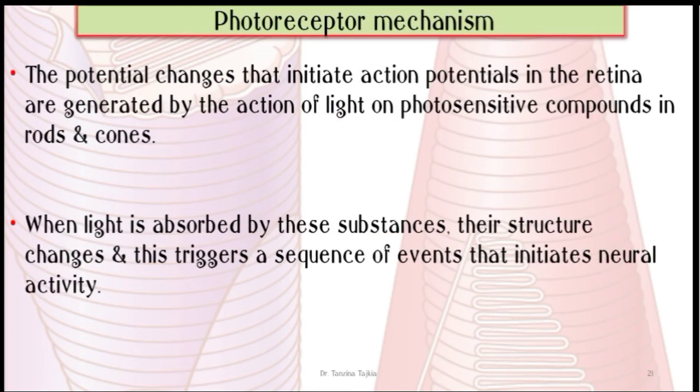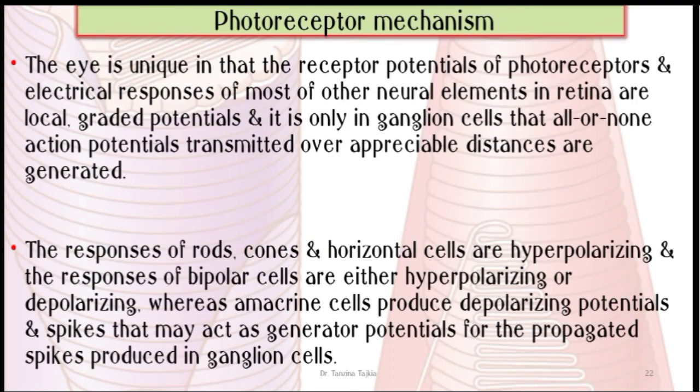Photoreceptor mechanism. The potential changes that initiate action potentials in the retina are generated by the actions of light on photosensitive chemicals. When light is absorbed by these substances, their structure changes and triggers a sequence of events that initiate neural activity.